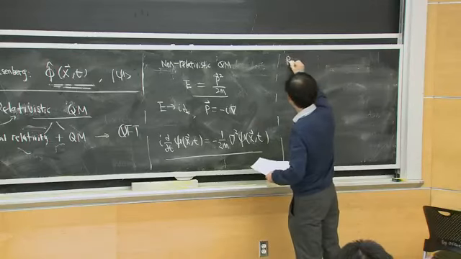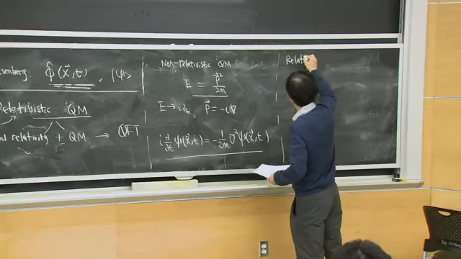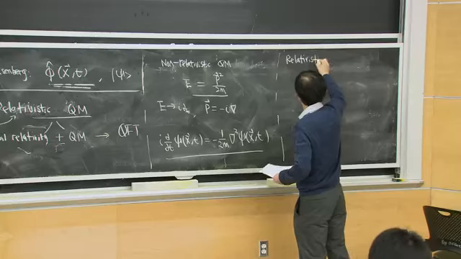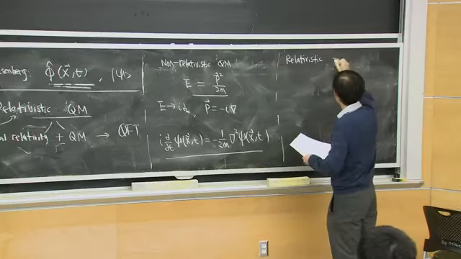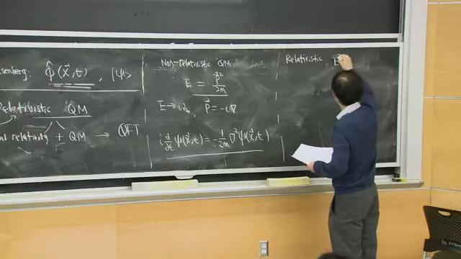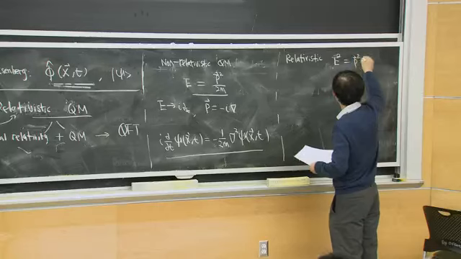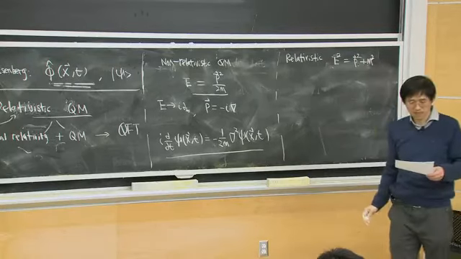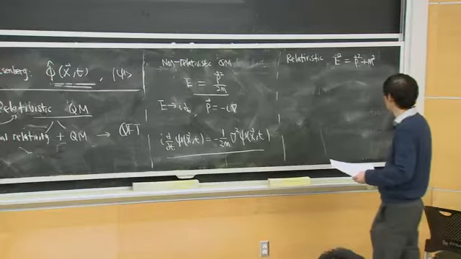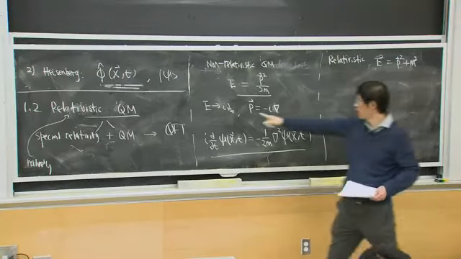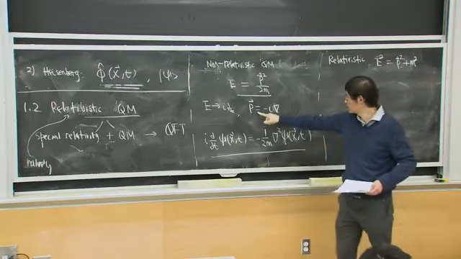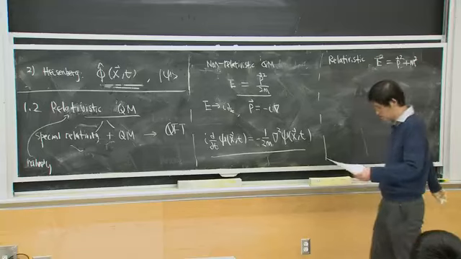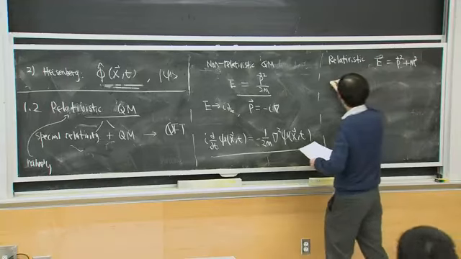In the relativistic case, you just start with the relativistic dispersion relation. You say let's do the same thing. So this becomes i partial t, and this p becomes this one, and then we can just write this equation.